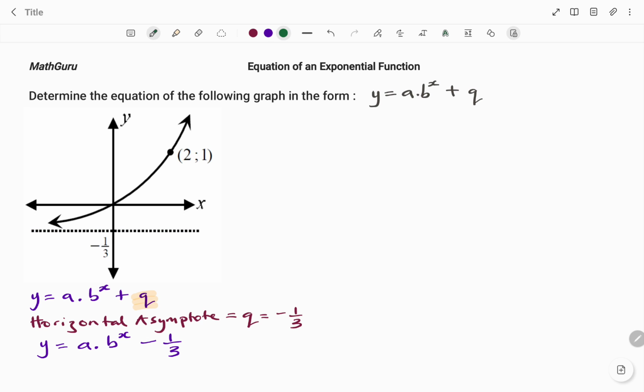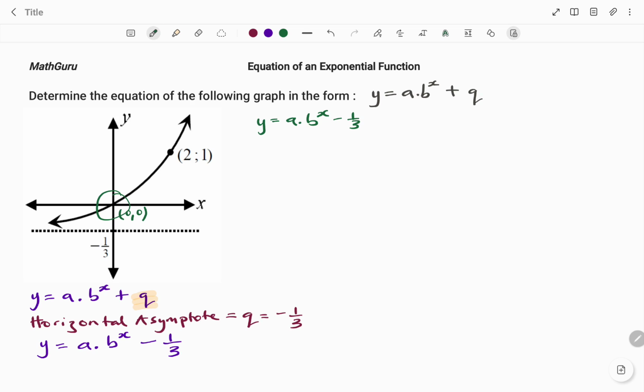If you go back to the diagram and look at the graph given, you can see that the exponential function passes through the origin, and at the origin the value of x is 0 and the value of y is 0. So what I'm going to do is substitute these values into our equation. I have y equals a times b to the power of x minus 1/3.